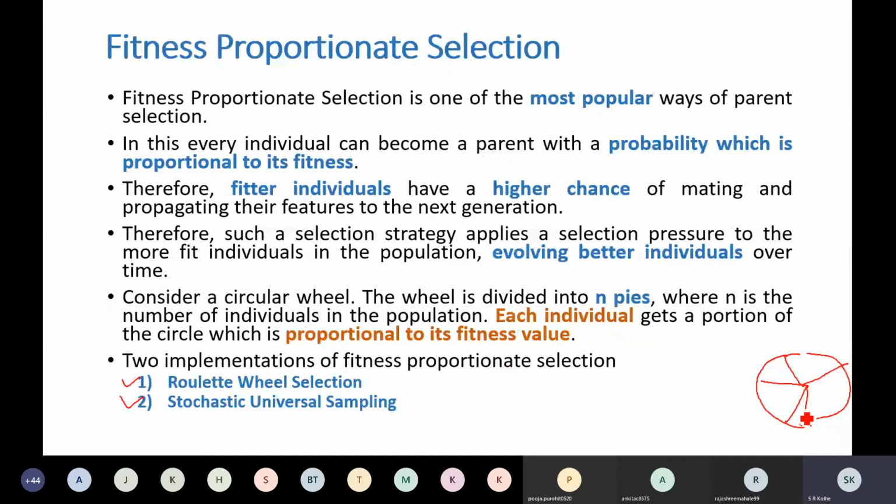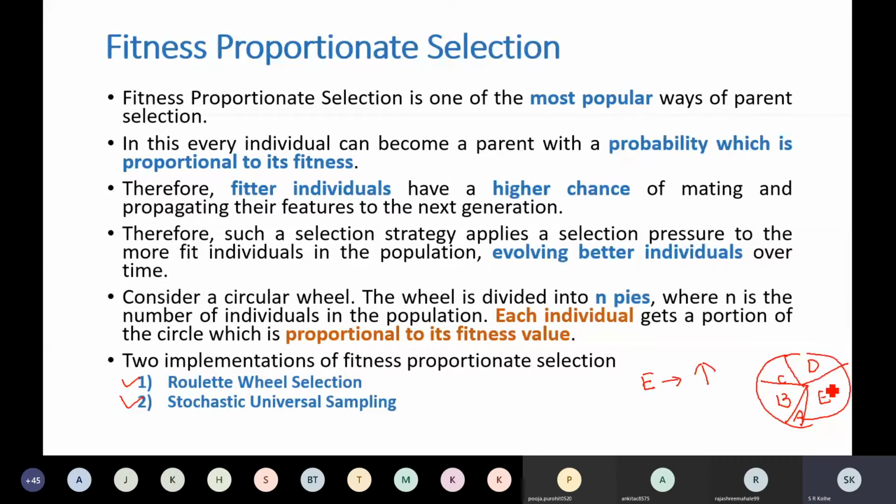For example, this is A, B, C, D and E. Now depending upon the fitness value, each individual or solution will get a portion of this circular wheel. So in this case, solution E or chromosome E has got more portion on this roulette wheel.